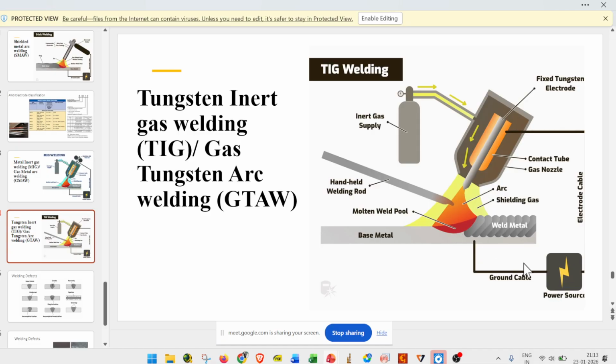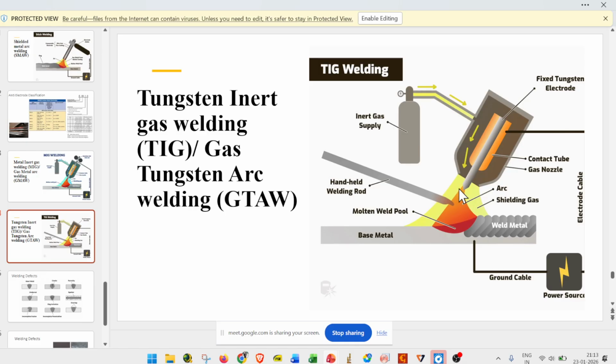Okay, similar to what we have discussed, with the power supply, one portion we connect to the base material and the other portion to the electrode, whether it is DCEP, DCEN, or AC, based on our applications. The only difference is the way we provide the filler material and the way we provide the inert environment.